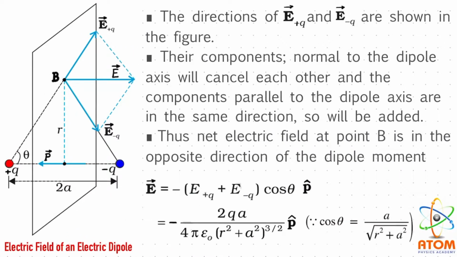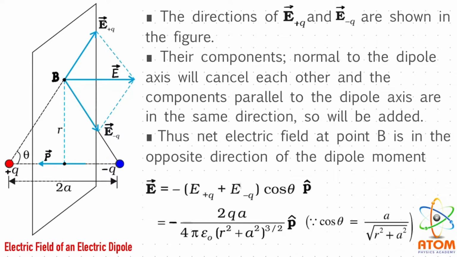The directions of this electric field, E positive q and E negative q, are shown in the figure. Here this is positive q charge, so the electric field at point B will be radially outside, and this is negative q charge, so the electric field due to that will be radially inside, meaning towards the charge.